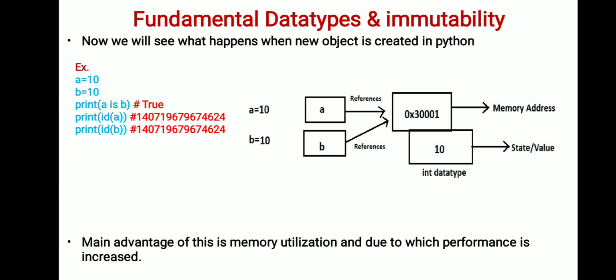In this case the object a with the required value 10 is already present, so when the b = 10 statement is executed, it will reuse the object which is present at memory location 0x30001. Now what is the advantage of this approach? The main advantage is memory utilization, due to which the performance of a system or application increases.